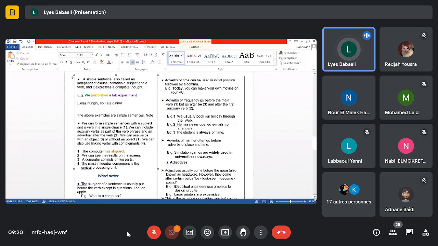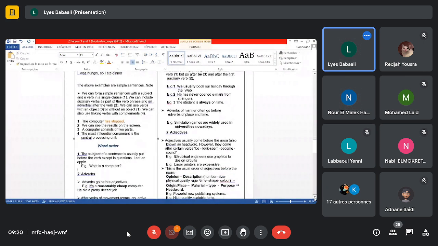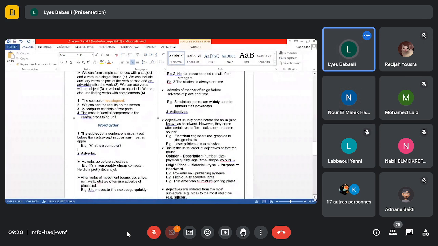Okay, let's see what we have with adjectives. So adjectives usually come before the noun, also known as head word. Here we have a good example. Electrical engineers use graphics to design circuits. So in this example, the adjective came before the noun, which makes sense.